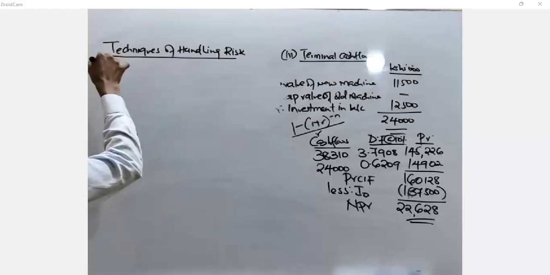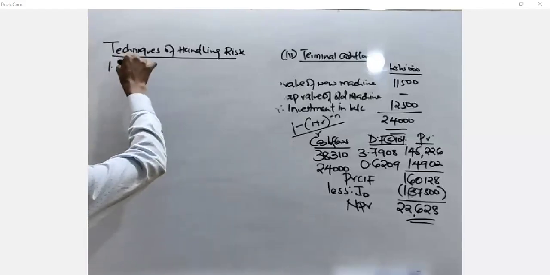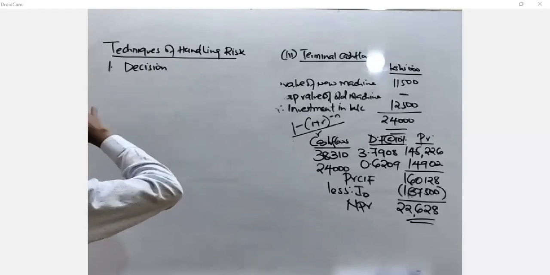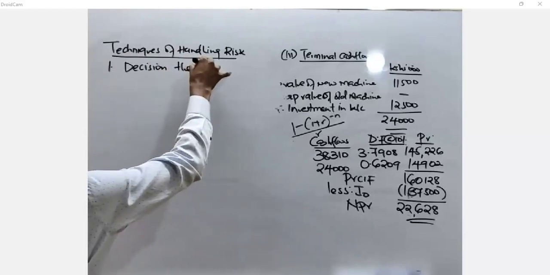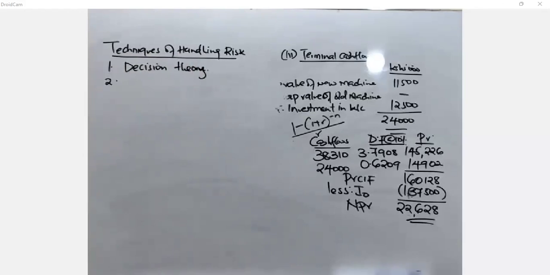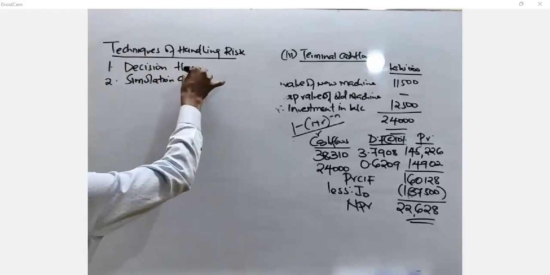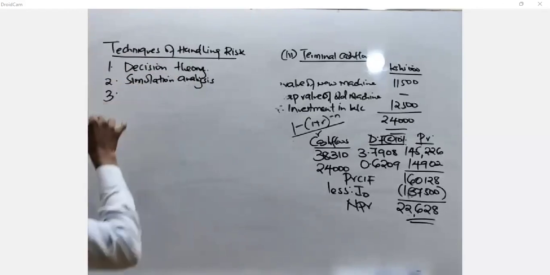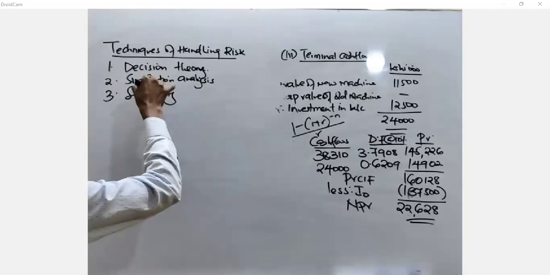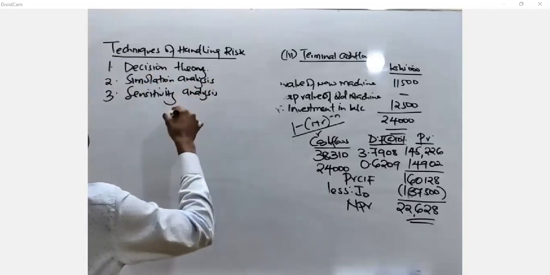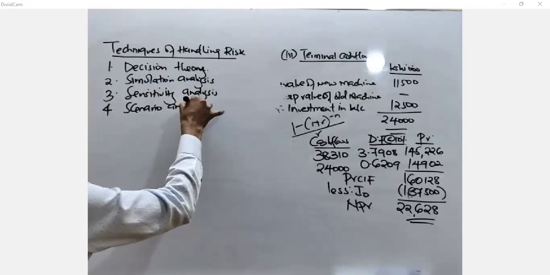So number one, and it is not a must they follow the way I'm putting them here, will be the decision theory. I know that you have come across some of the techniques which we shall be listing down. Number two, we talk about simulation analysis. Number three, sensitivity analysis. Number four, scenario analysis, right?